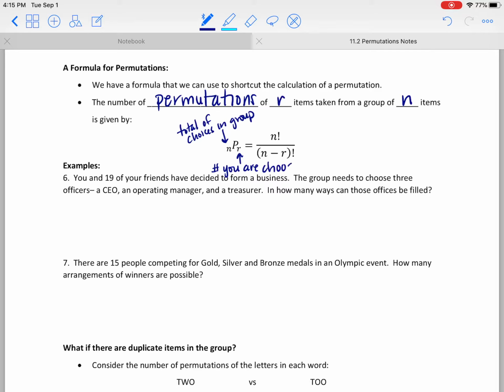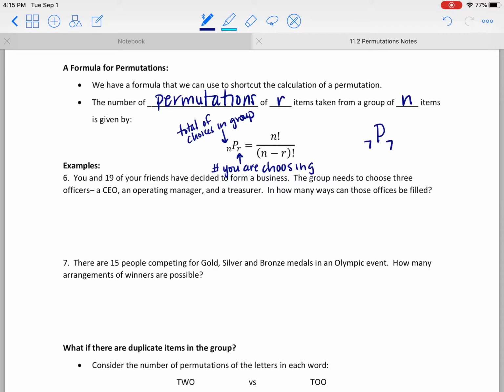So for example, with the 7 books being arranged on a shelf, you are choosing all 7 books from the 7 that there were to choose from. So just using notation, that's the number of permutations when you're choosing 7 books from a group of 7 books.